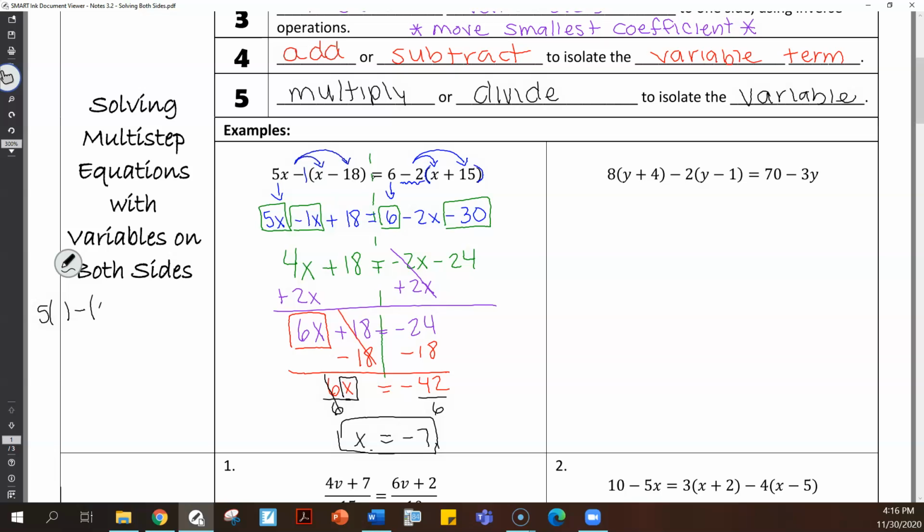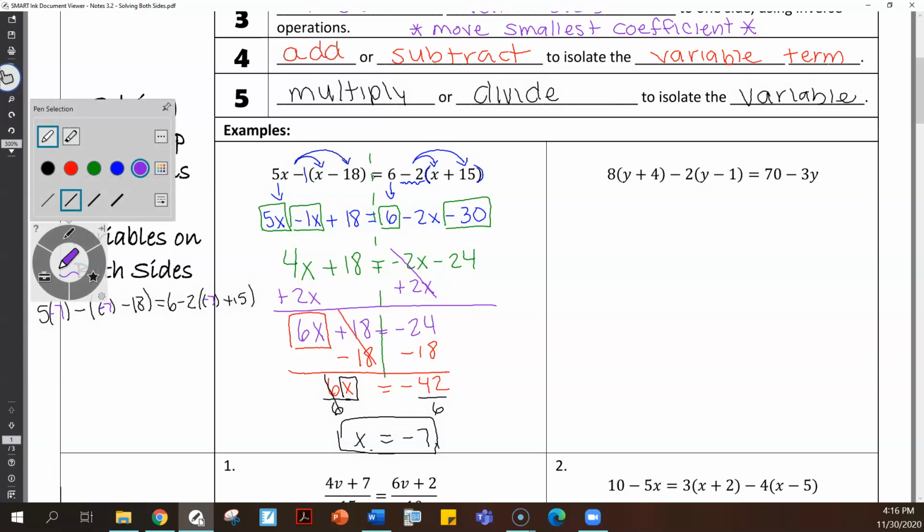Minus, parentheses, x, minus 18, close the parentheses, equals 6 minus 2, parentheses, x gets its own parentheses, plus 15. And then I just plug in what I think x is. So I found that x was negative 7. So anywhere I had an x, I'm going to make sure I plug in that negative 7 with those parentheses. So one here and one here.